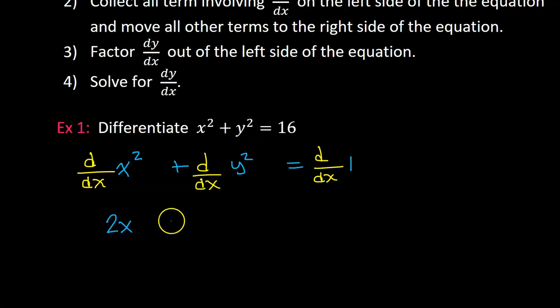Now this next step is something new. Notice that we are differentiating with respect to x. And then the variable that we see right here is x. So we can just do the power rule and get the answer like we always do. But when we get to the next term, we see something different. We're differentiating with respect to x, yet the variable is a y. The variable is different. Whenever this happens, you're going to have to actually do the chain rule.